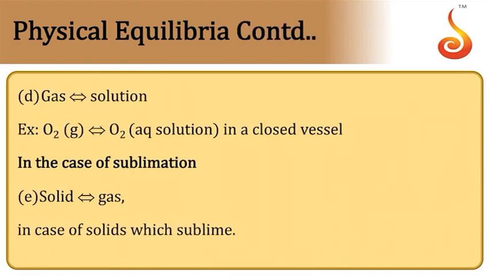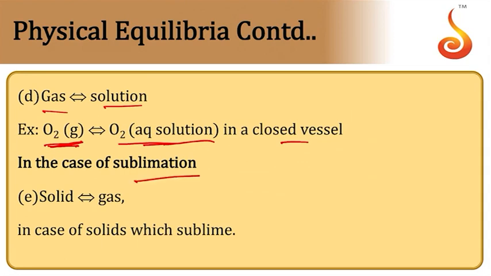Then coming towards another dissolution, that is gas in solution. Here the rate of dissolution of oxygen gas should be equal to the rate of liberation of oxygen gas from the solution or from the liquid. That can also be taken as physical equilibrium.